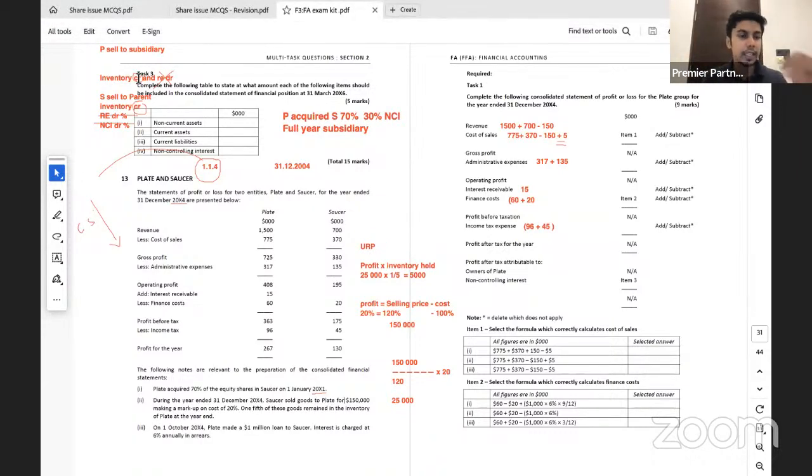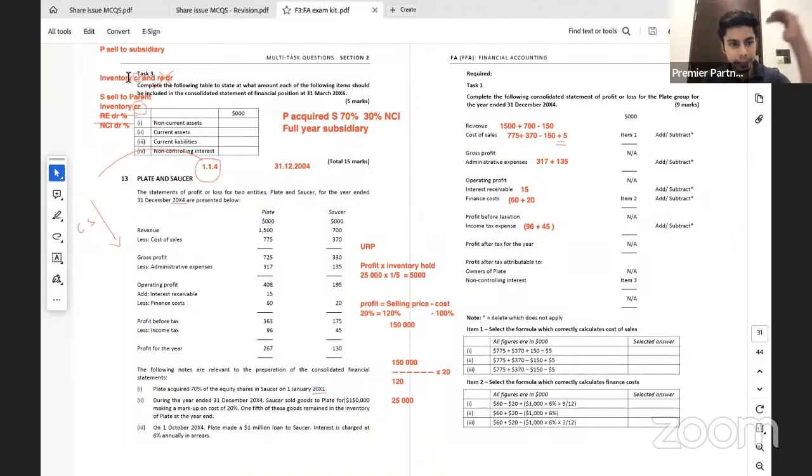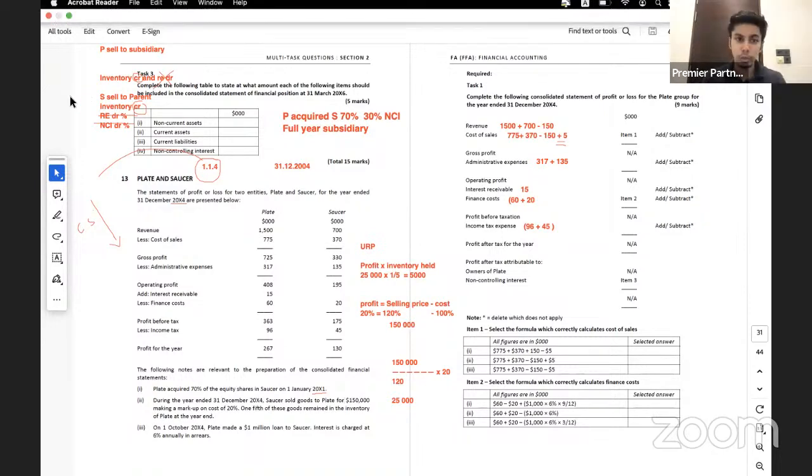The credit part, closing stock, is affecting cost of sale. Closing stock is inside cost of sale, no guys. So understand, when the closing stock is credit, stock is reducing. When the stock is reducing, cost of sale goes up, and that's why we are adding 5 to cost of sale. I'll show you proof.